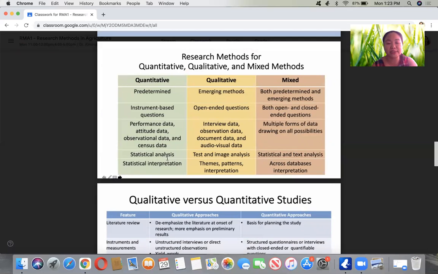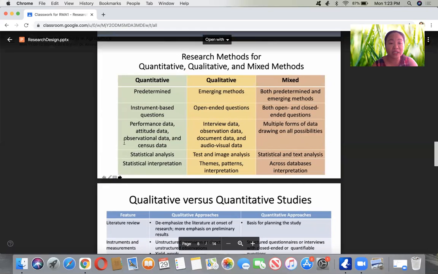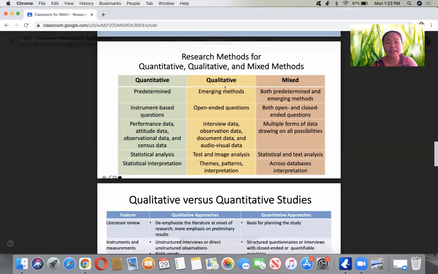And it also uses statistical analysis and statistical interpretation. For the qualitative naman, it involves emerging methods, open-ended questions, interview data, observation data, document data, and audiovisual data.